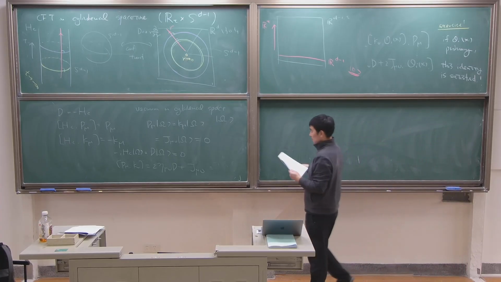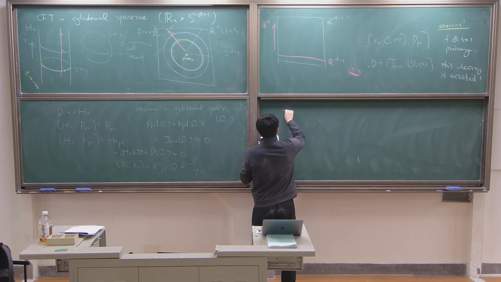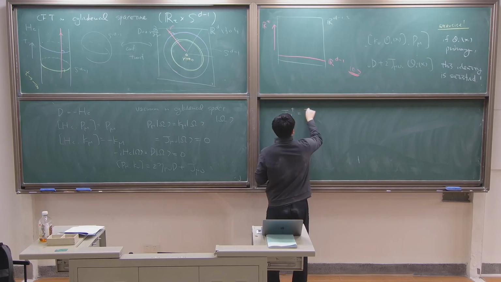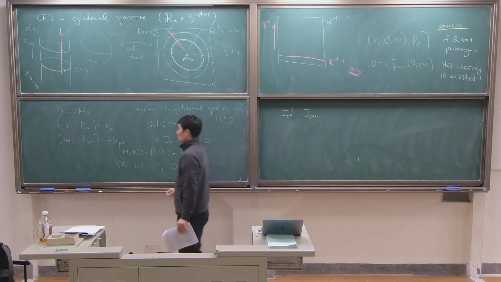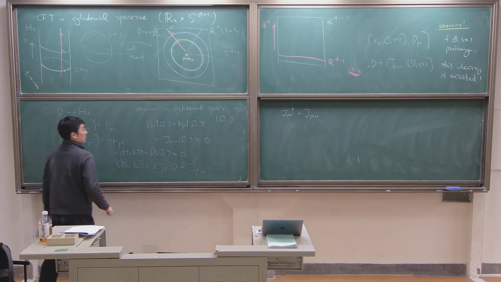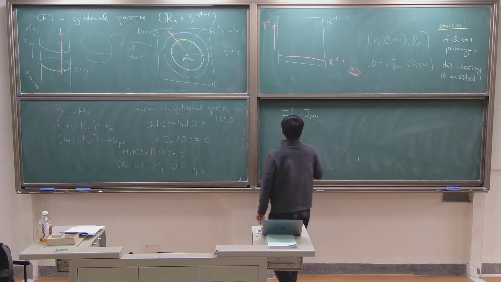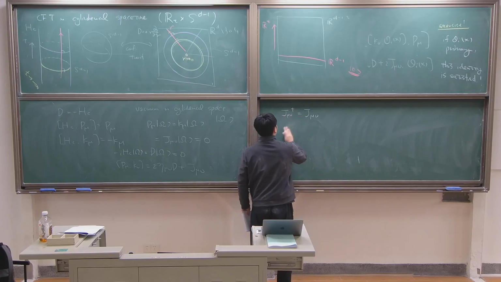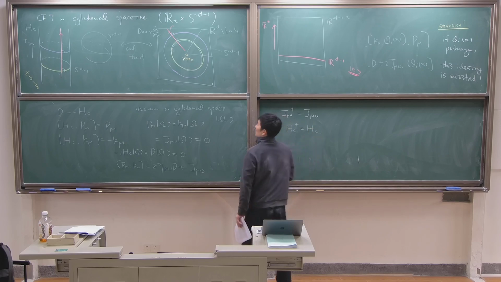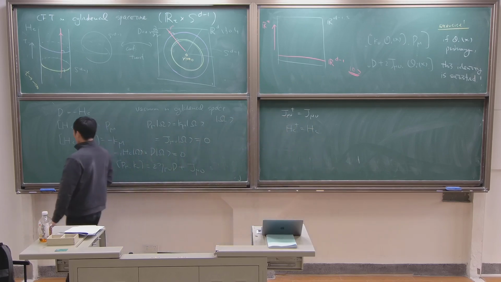The important difference is that J mu nu, the rotation of the sphere, is just as before: J mu nu is Hermitian. And also we want the time translation, which is H, to be Hermitian. That's what we want. Okay, that's what we want.